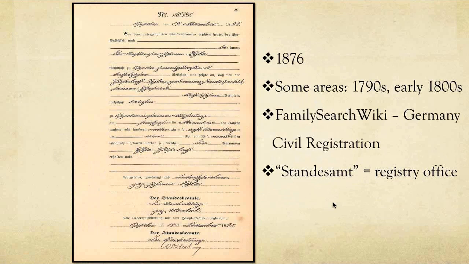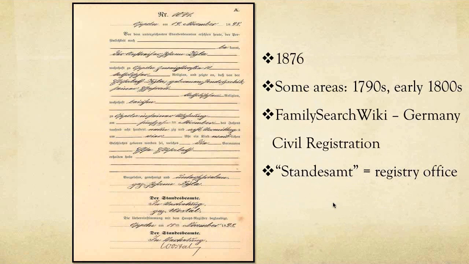So if you are unable to find your records online, don't give up. Go to Google, type in the name of your ancestor's hometown, plus the word Standesamt. That word Standesamt is the German word for registry office. You can then reach out to them via the contact form or the email address on their website and ask if there are any records available for your specific ancestor.